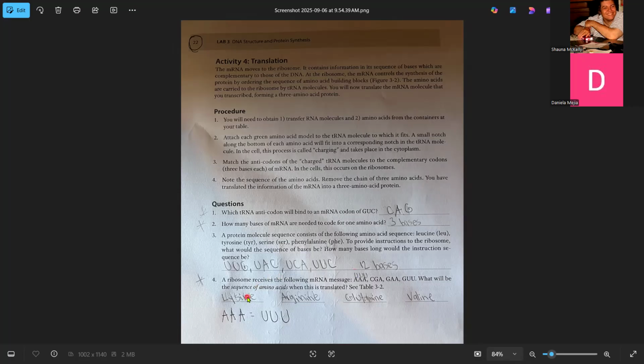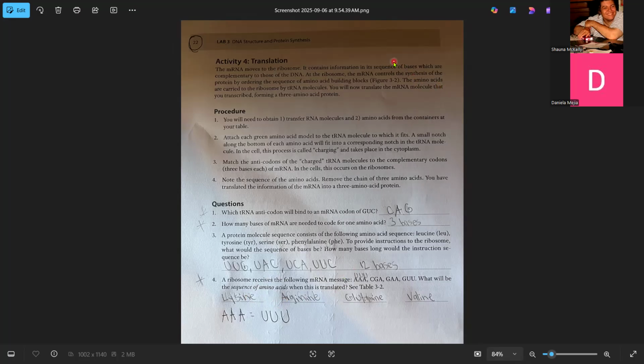And those would be the amino acids underneath it: lysine, arginine, glutamine, and valine. But you started to write it up here, which is not a bad idea. Good job.